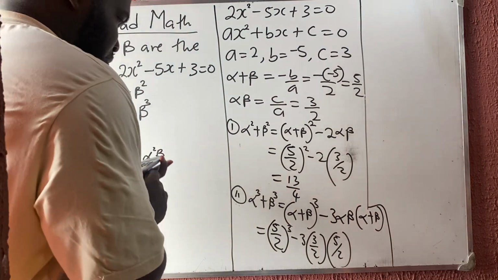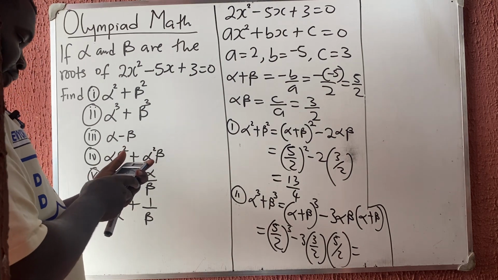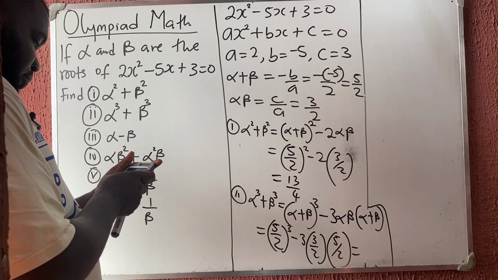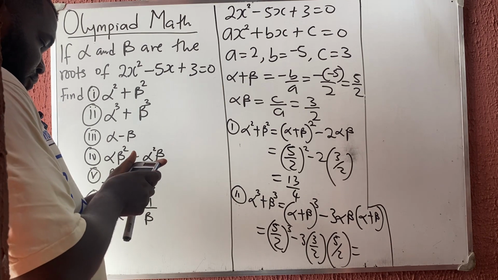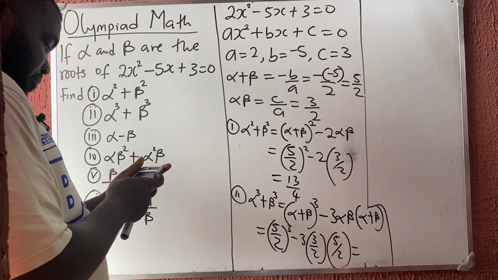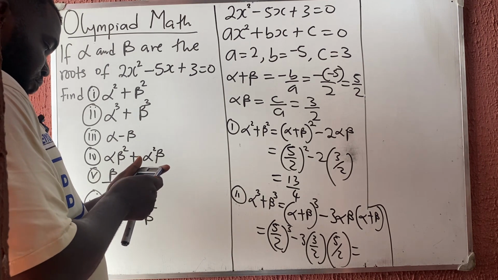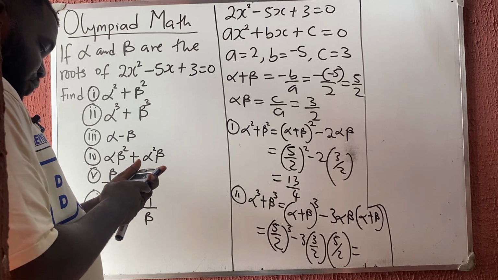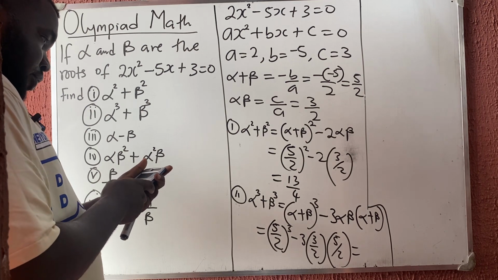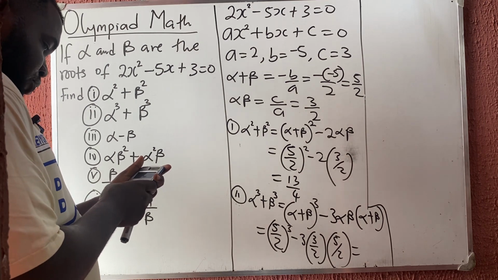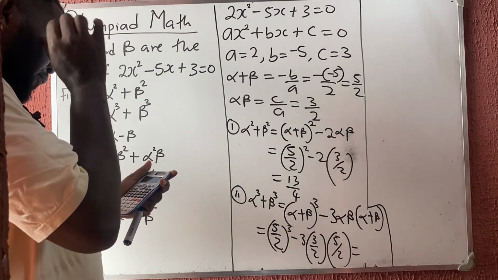So if we do that, let me quickly solve it. I'm having 5 over 2 all cube, then minus 3 into 3 over 2 times 5 over 2.